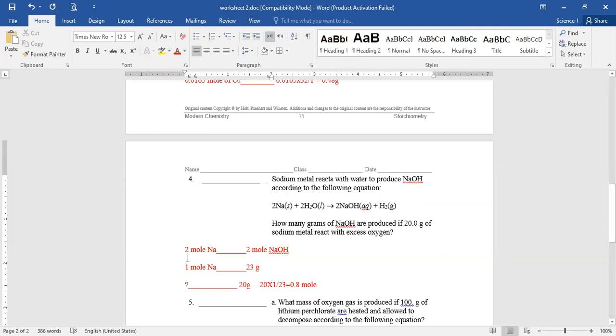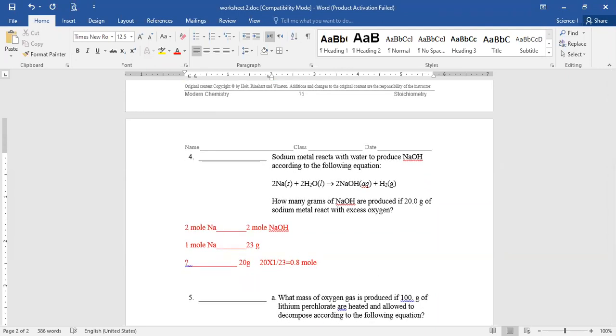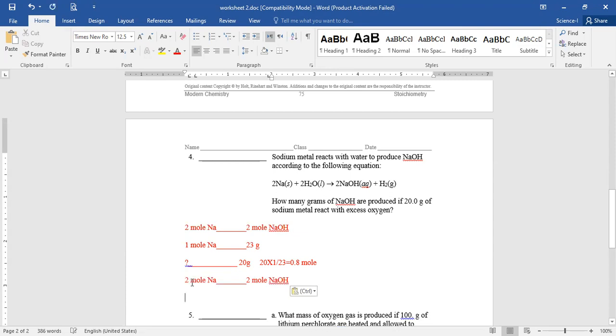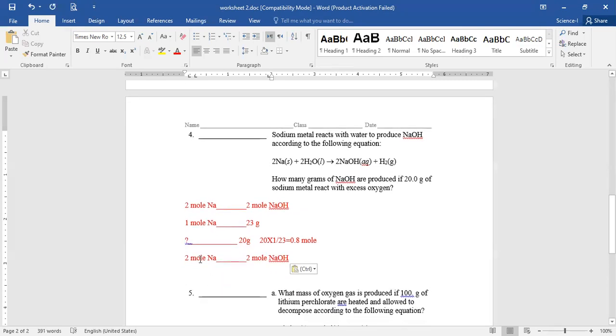So back to the equation, if we have 0.8 mole of sodium, how many mole of NaOH will they produce?